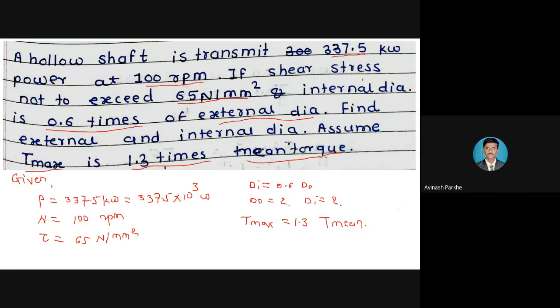Here your T mean is not equal to Tmax. If the relation is not mentioned, then we can say that capital T is equal to Tmax is equal to T mean. But here the relation is mentioned, so we have to calculate the mean torque separately using the power formula, and multiplying it by the multiplying factor gives Tmax.